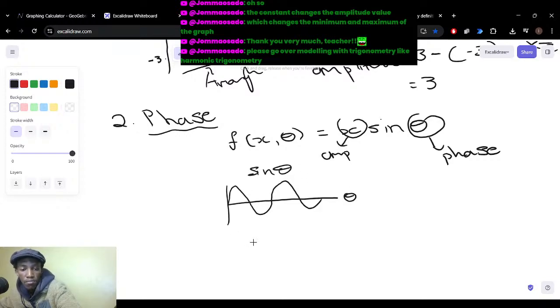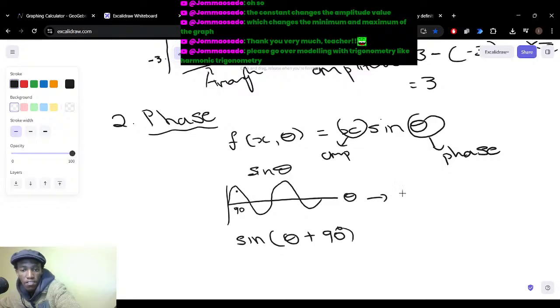So for an example, let's say we shift this graph by 90 degrees to the left or to the right, it doesn't matter. So it's sine theta plus 90 degrees. So 90 degrees is here, no? So this is a 90.